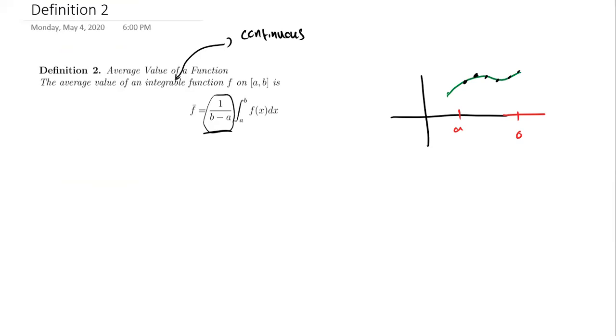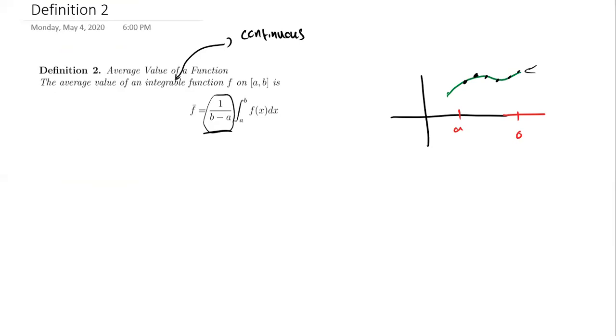Now, it's not necessary for me to explain where this formula comes from. So this is what I'm going to do: I'll go over this video, and then I'll upload an extra video, which you're not required to watch. But if you're curious as to why this still works as an average, even though there are infinitely many numbers here, you can look at the extra video.